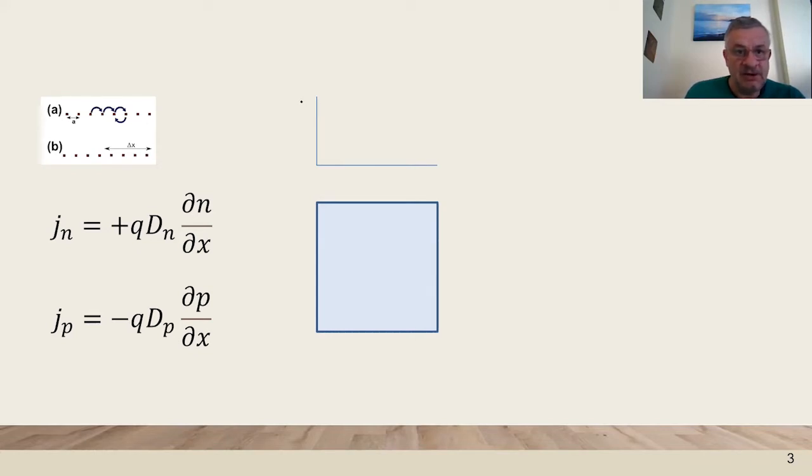Basically, if we have a concentration with respect to position, so that we have some distribution of carriers, then this will create a flux in the direction of the gradient, so that diffusion will tend to equalize the charge. And in conclusion, if we multiply by the elementary charge, then the electrical current associated to diffusion is the product of the diffusion coefficient and the charge distribution gradient.